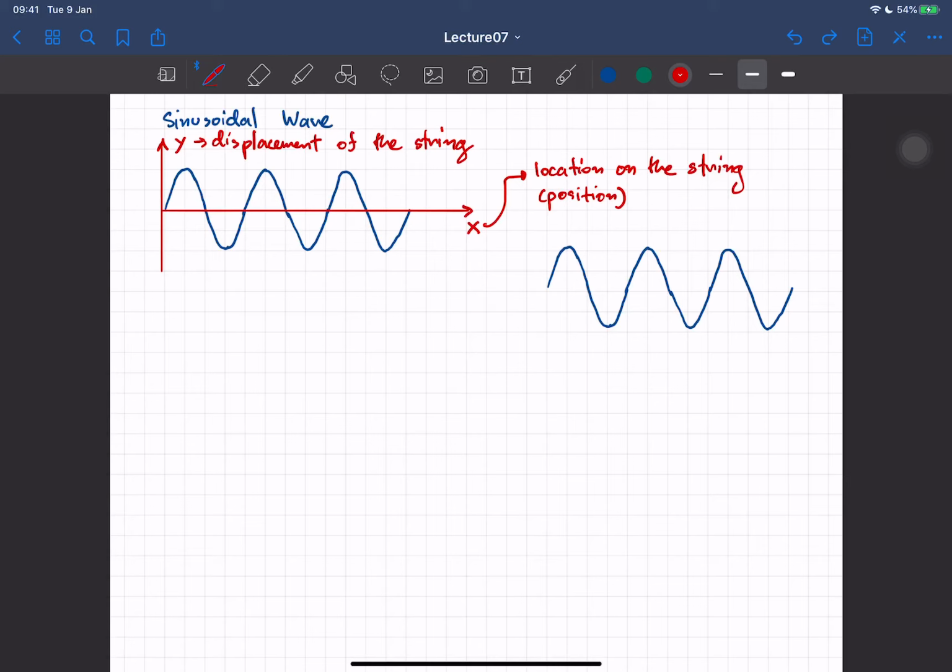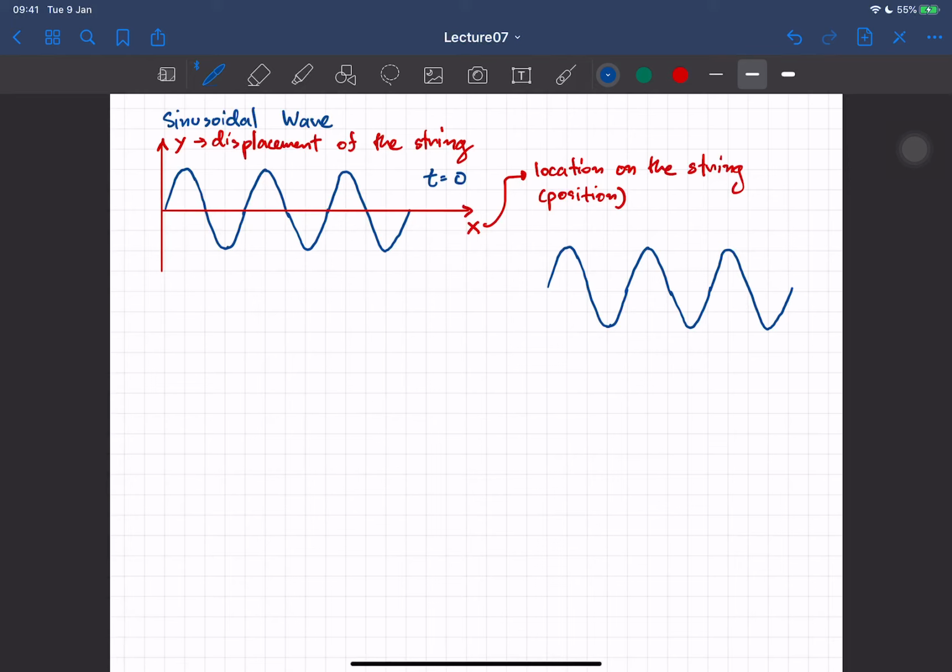So let's assume that we are taking a picture, right? You take your digital camera and you snapshot the wave on the string every second. So let's say this is when you take the first picture, and let's call this t equal to 0, right? So that's where you start your timer.